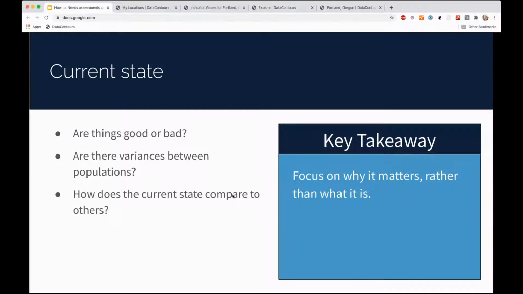So if poverty, for example, is particularly bad, or we see a disparity between poverty rates within populations, the disparity itself is interesting, but what's more meaningful is what are the implications of that disparity in things like health outcomes, or educational opportunities or economic opportunities. So these are all starting places to more of that analysis and that conversation about why it matters.